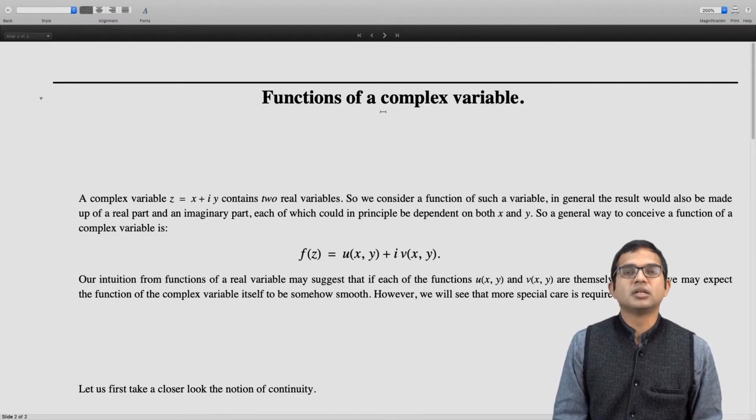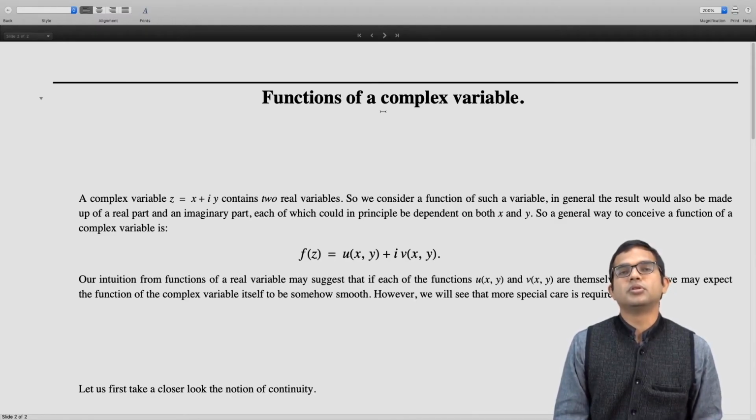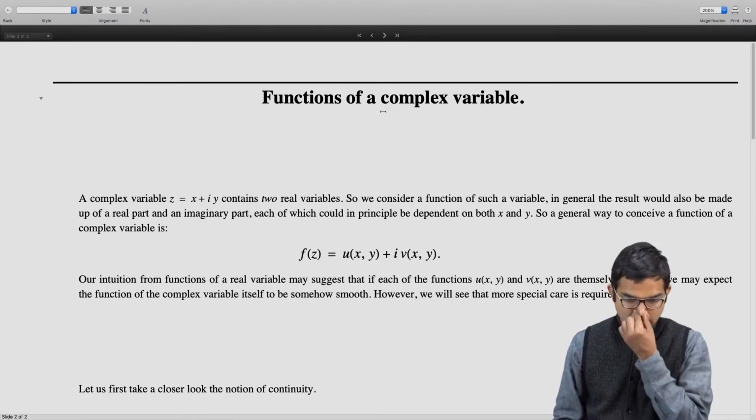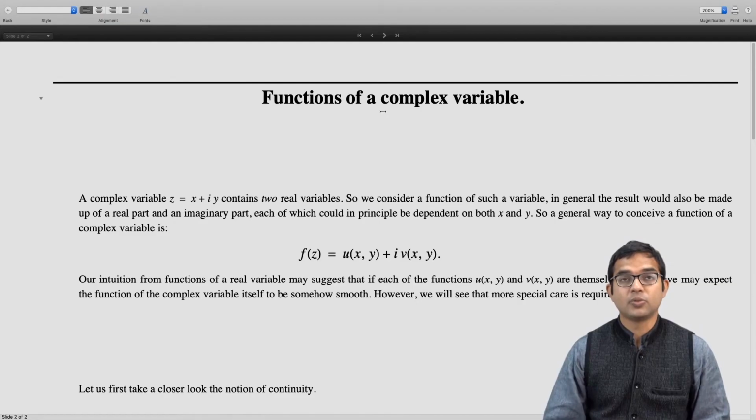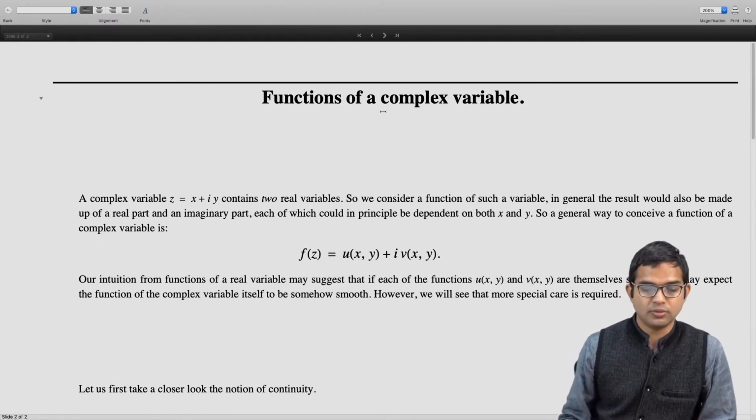As you change the real variable, the value that the function takes at nearby points is basically the same, or small changes in the input will give you only small changes in the output. So x is your independent variable and y would be a dependent variable, and a small change in x will result in a small change in y. That's the idea of continuity intuitively.